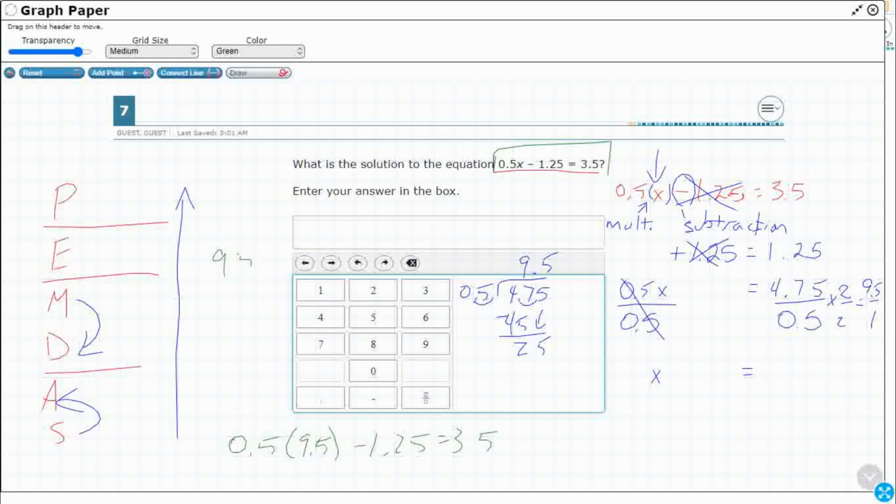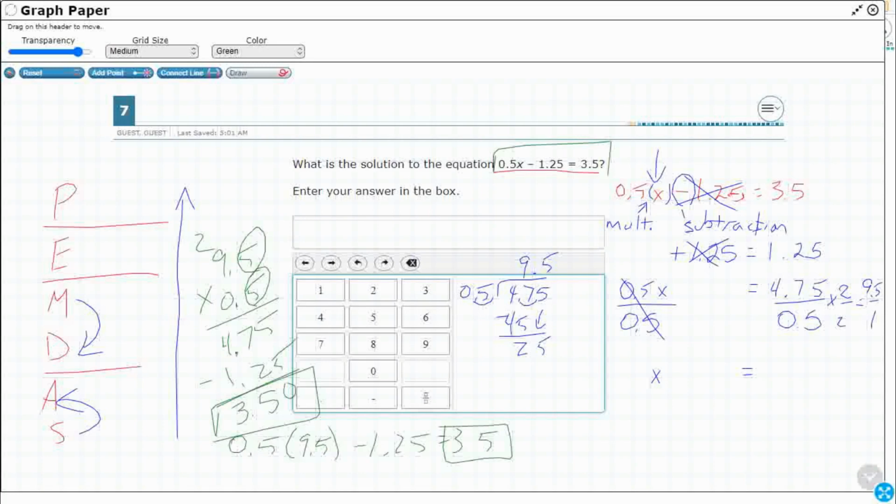It should be that 4.75. Let's double check: 47.5, 4.75, 2 digits right there, 2 digits right there. So 4.75 minus 1.25, 0, 5, yep, 3.5 right there, which is what this is right here.